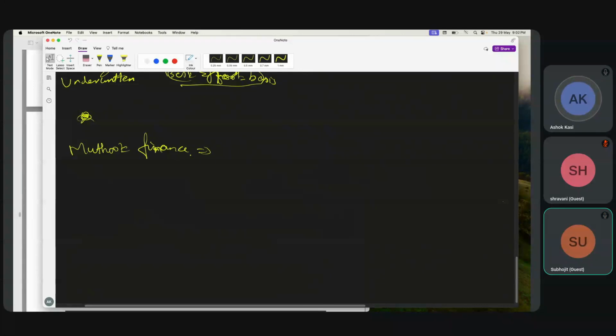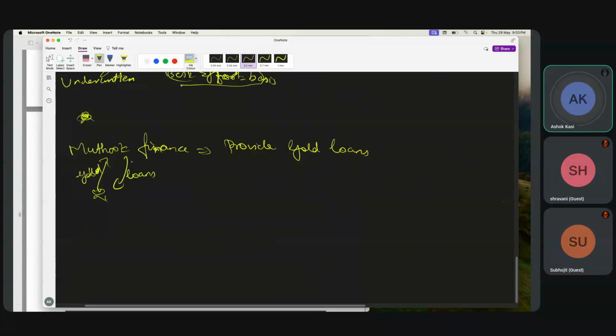They provide gold loans. That means if you take your gold to them, they will give you loans. Now the question is, who is giving money to them? How are they getting money to give loans?